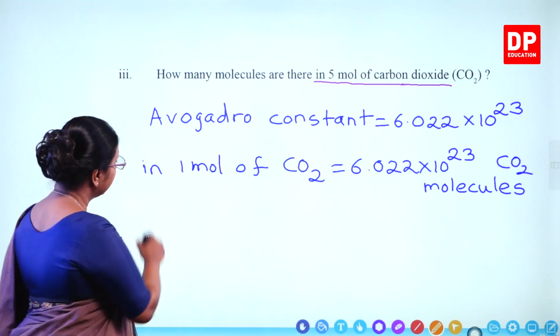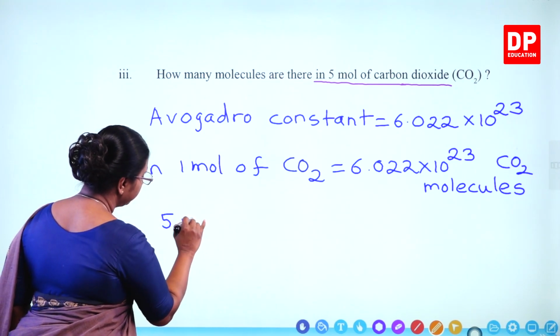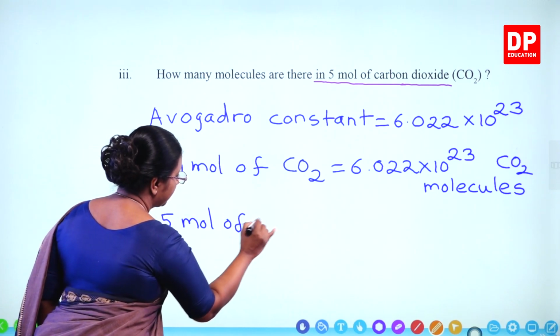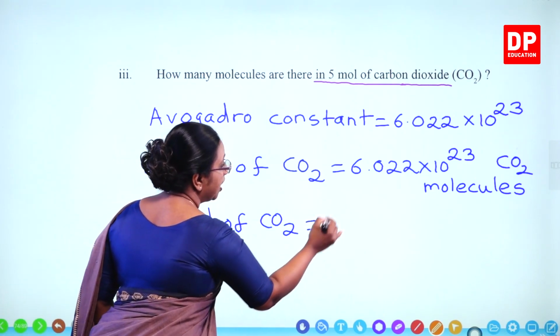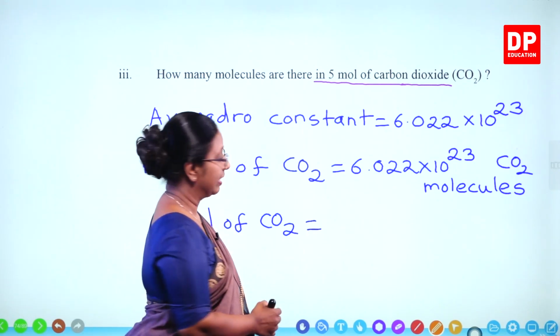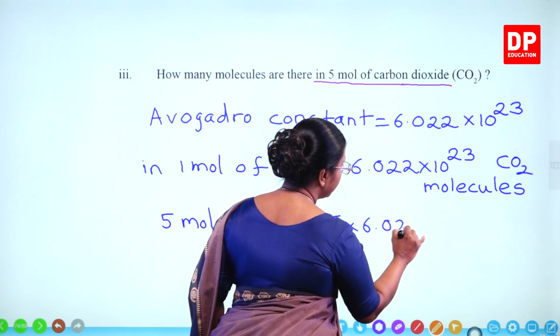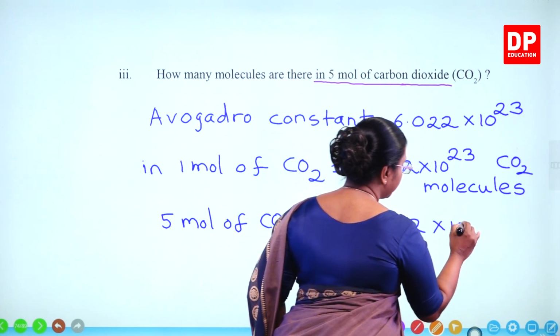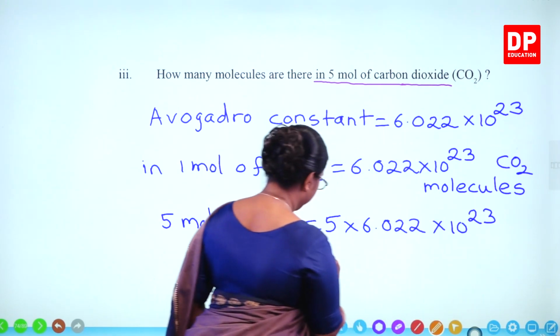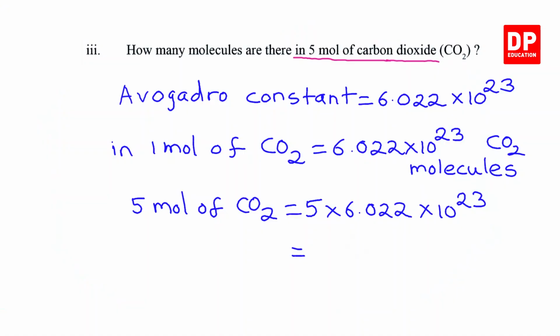So then in 5 moles of carbon dioxide, how many molecules will be there? 5 into 6.022 into 10 to the power of 23. So that is going to be 30.110 into 10 to the power of 23.